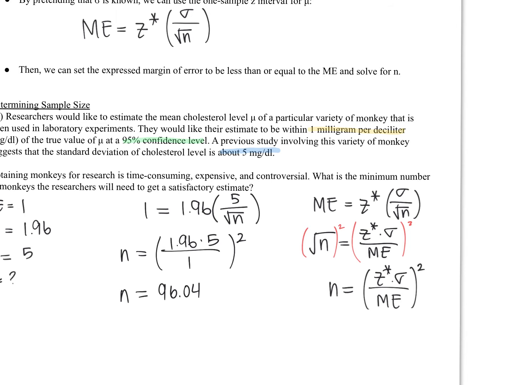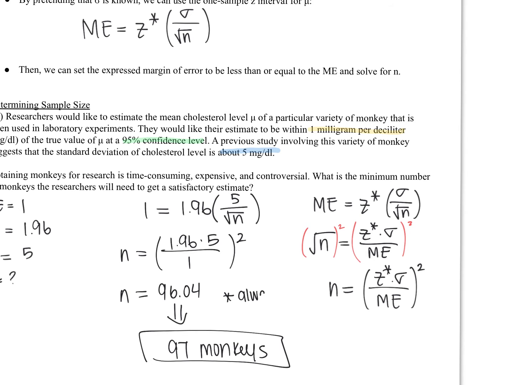But just like with proportions, we always round up. So 97 monkeys. So always round up. It's definitely a nicer formula than proportions. We still have to square to solve for n, but it's a little bit easier of a formula to complete.